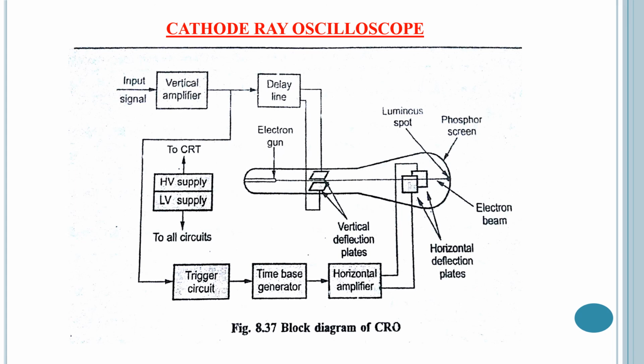Frequency measurement in the cathode ray oscilloscope can be made by measuring the time period of the signal which is to be measured, and usually it will be the number of loops cut by the horizontal line divided by the number of loops cut by the vertical line. So this is how we measure voltage, current, phase and frequency. These are the most important applications of a CRO.